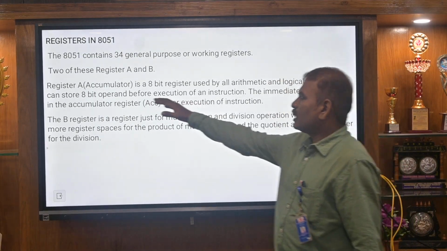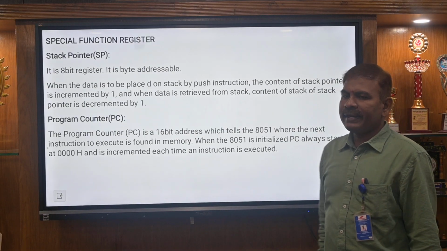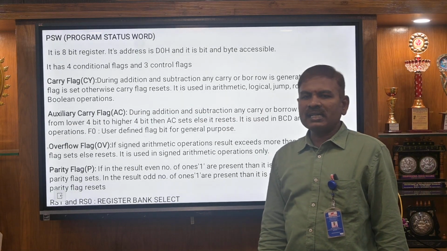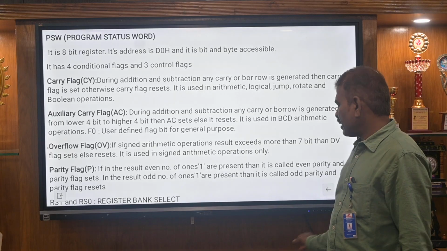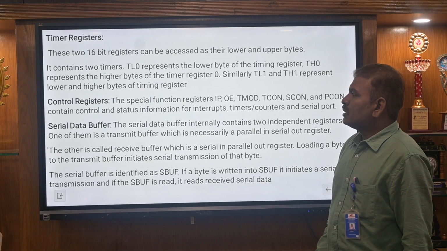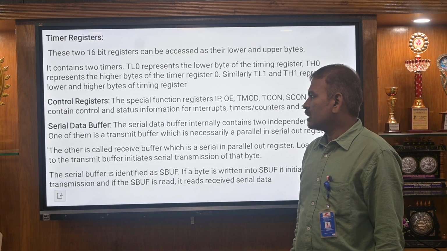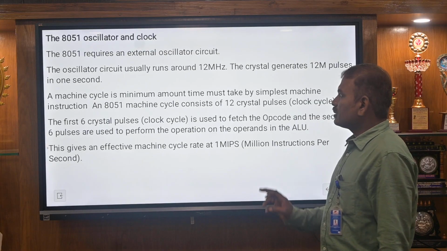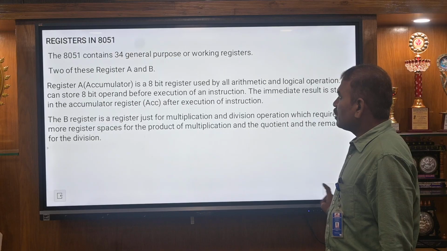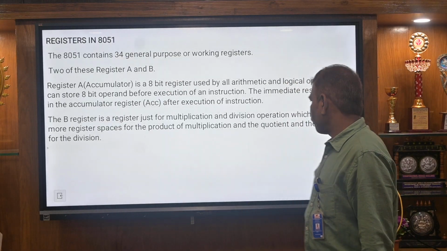See here, the accumulator, and then the B register, stack pointer and program counter, and then program status word, and then auxiliary carry flag, parity flag, and then sign flag, overflow flag, and then counter, serial data buffer, timer registers are there. See here, these are all the general purpose registers in 8051.